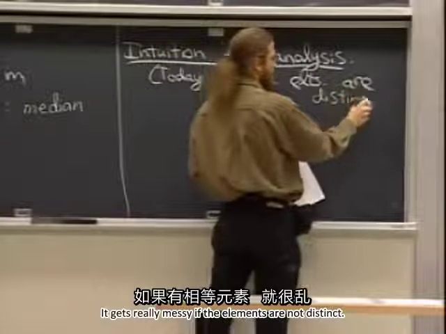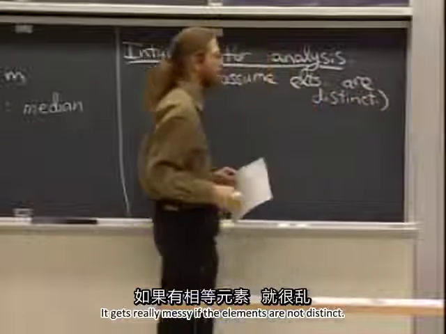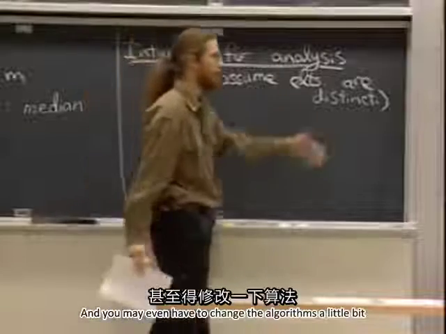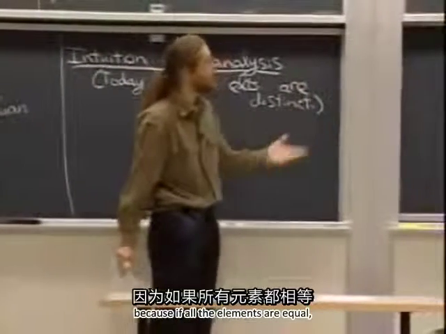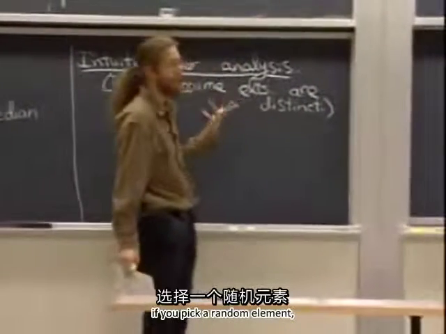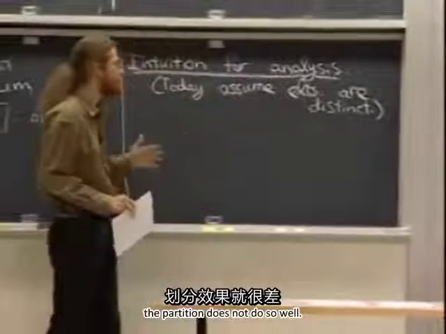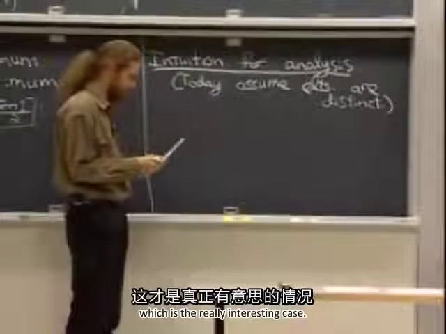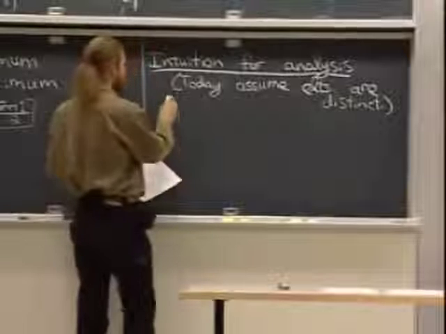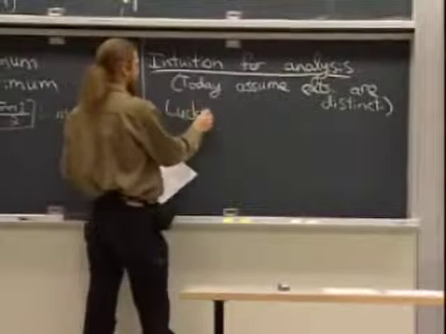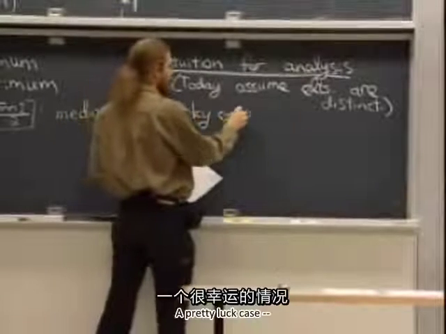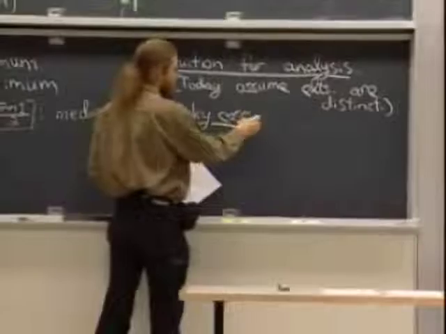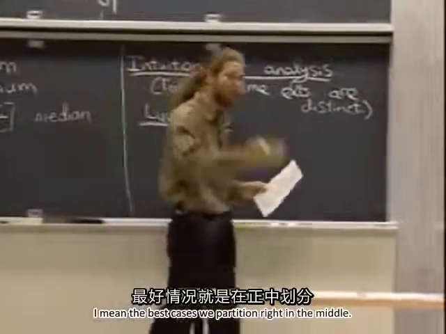It gets really messy if the elements are not distinct. And you may even have to change the algorithms a little bit, because if all the elements are equal, and you pick a random element, the partition does not do so well. Okay, but let's assume they're all distinct, which is the really interesting case. So a pretty lucky case is the best case where we partition right in the middle.